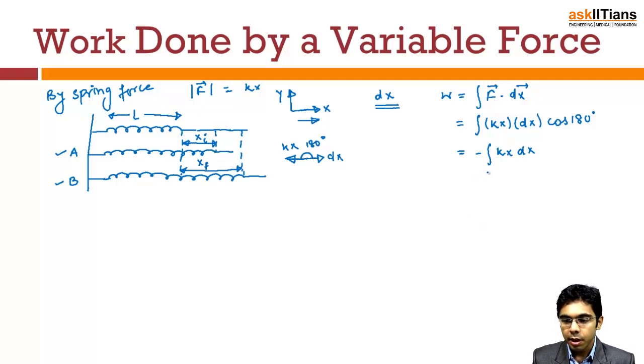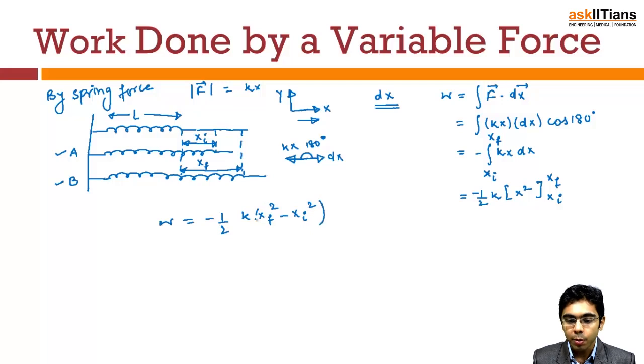The limits for x will be x initial to x final. So we get one by two with a minus sign, kx square, with limits x initial to x final. So the total work done by the spring force comes out to be minus k by 2 times x final square minus x initial square.